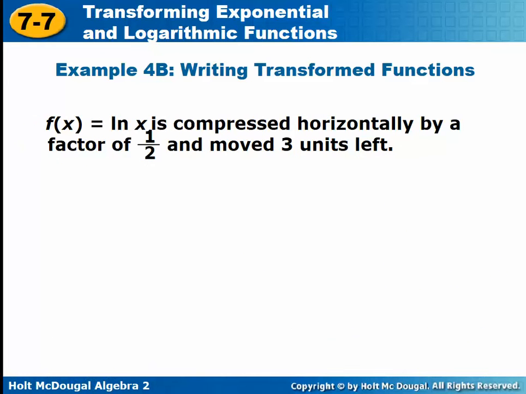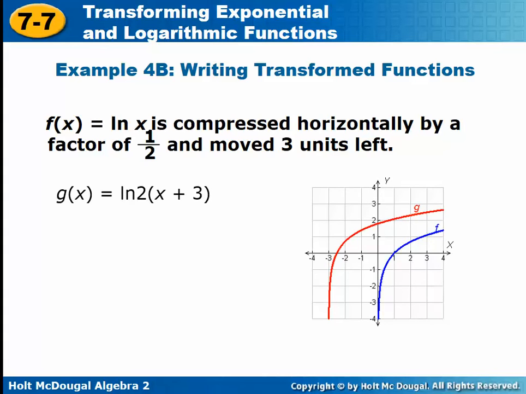Here's another example. F of x is the natural log of x, and it's compressed horizontally by a factor of 1/2 and moved 3 units left. So first we write down the function, natural log of x. They skipped this part. That's an L. And then in order to move it 3 units to the left, you would add 3 to the variable.